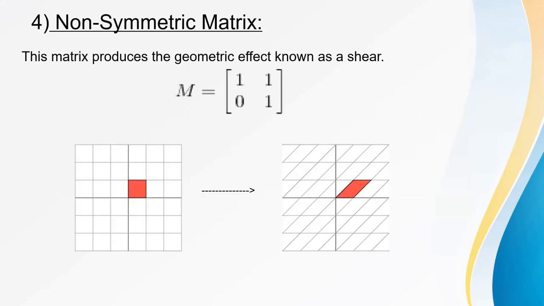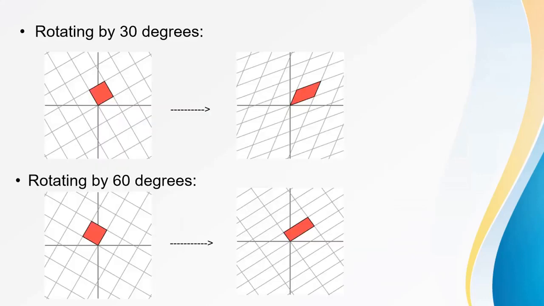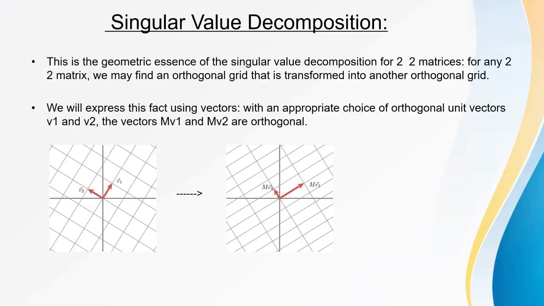So in case of non-symmetric matrix, x will change to x plus y and y will remain same. So similarly, after few rotations, we will get an orthogonal set of vectors as we got in all the three matrices.